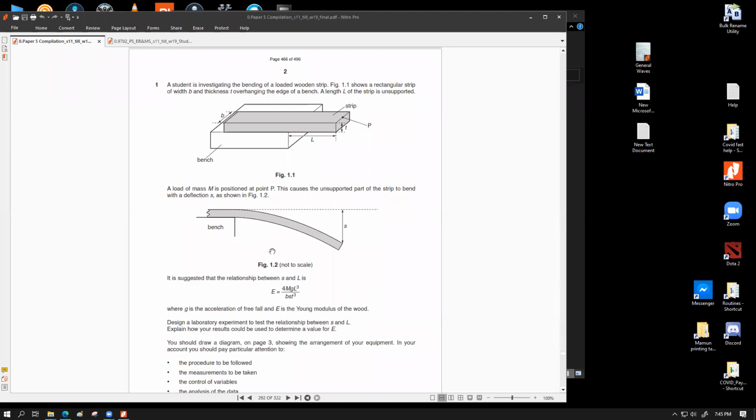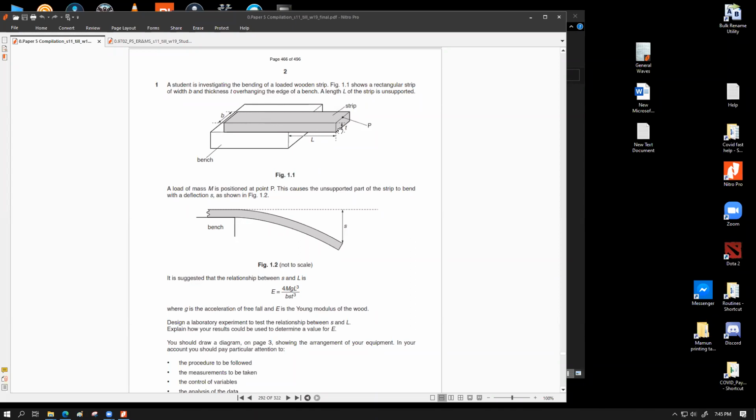And to achieve this relationship, we need to have a couple of things. First of all, there should be a clamp on the left side, which is obvious. There should be a fixed amount of mass by which we are working, which should be good enough, large enough, so that this gives us significant bending for the wooden plank. And for the experiment to work, what I believe is that this load should not make permanent deformation to this wooden plank.